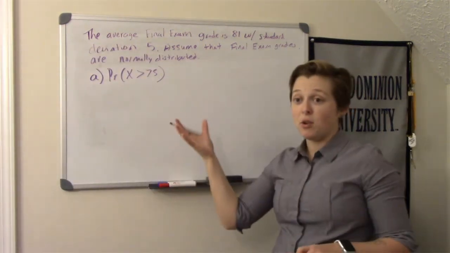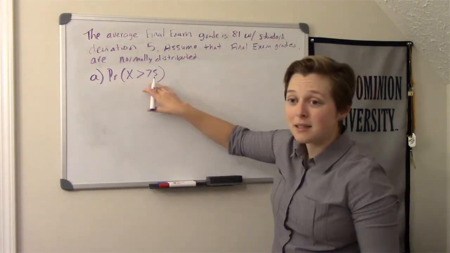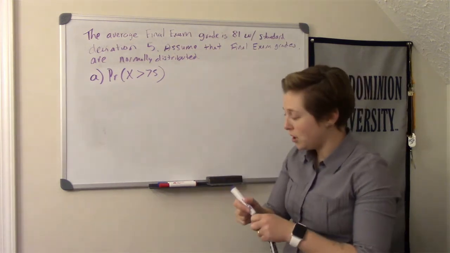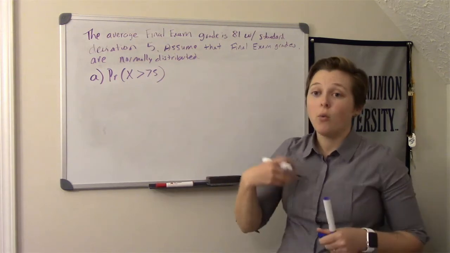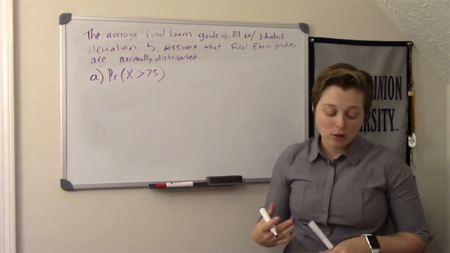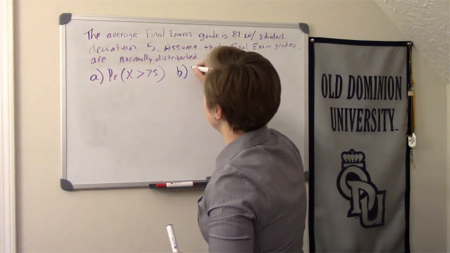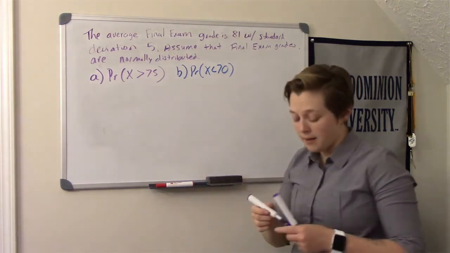So that's the first type of question you should be able to convert and solve. Another question I want to do in this video is, what's the probability that a randomly selected student scores less than 70%? You should know how to do that.